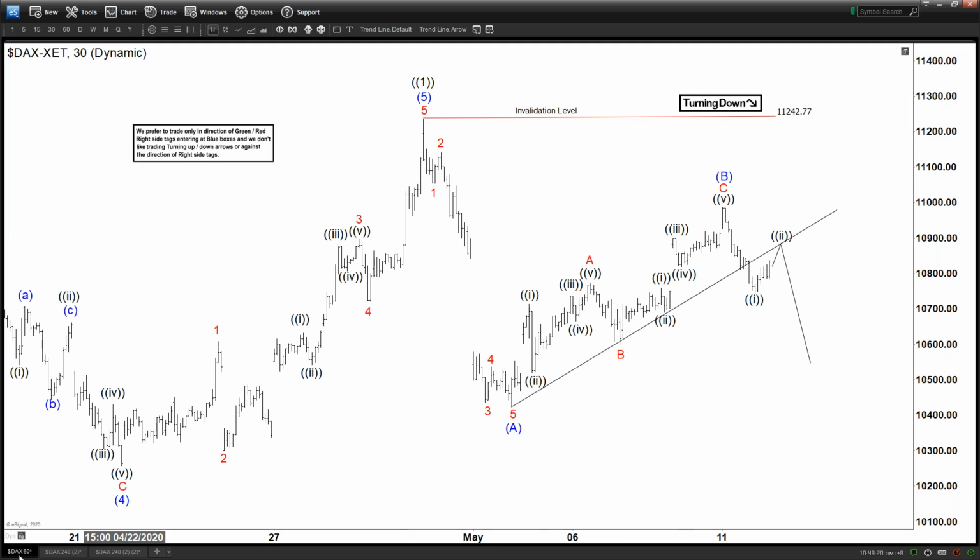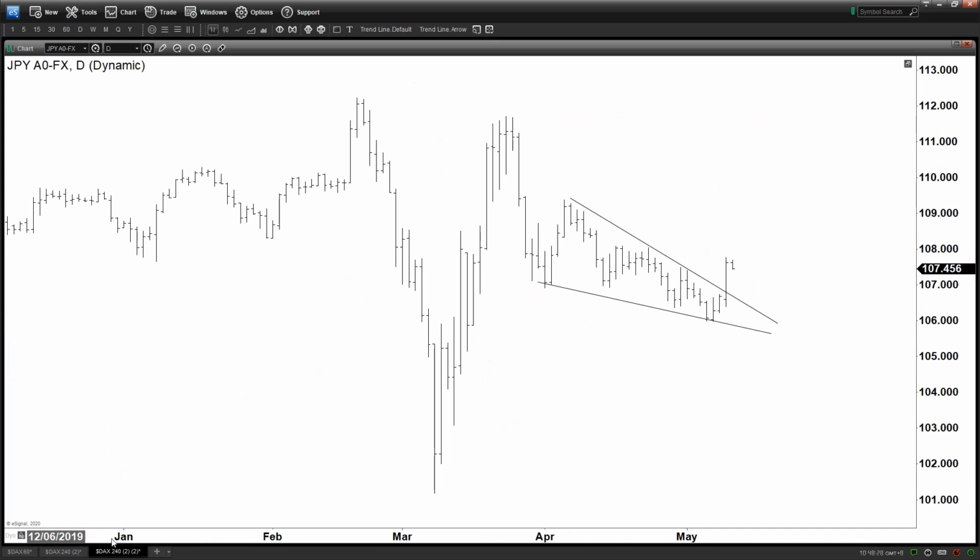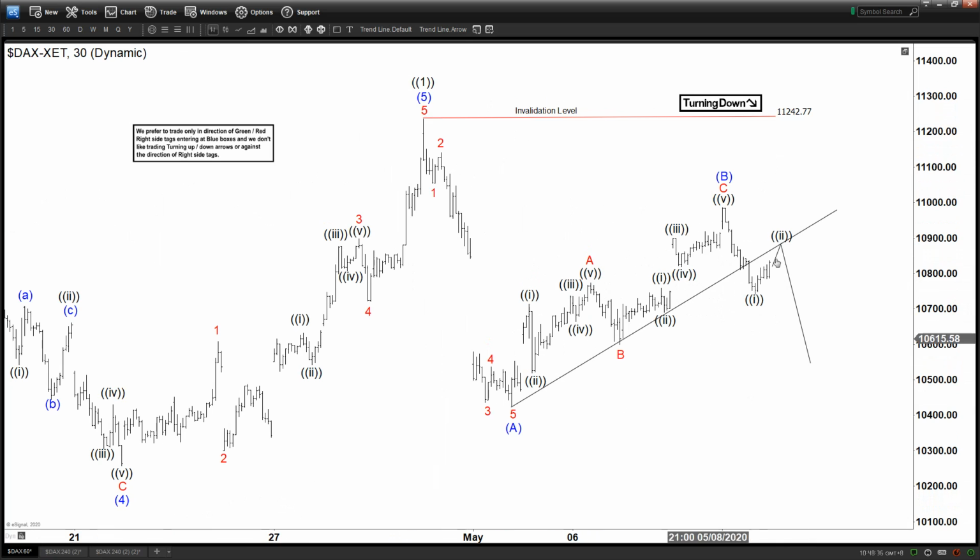So expecting this move to the downside, for example in the DAX or any other indices, ideally should be accompanied by US dollar yen going lower. So either the US dollar yen breakout is a false breakout here, or if this extends higher, then the DAX expectation here may not necessarily come to fruition.